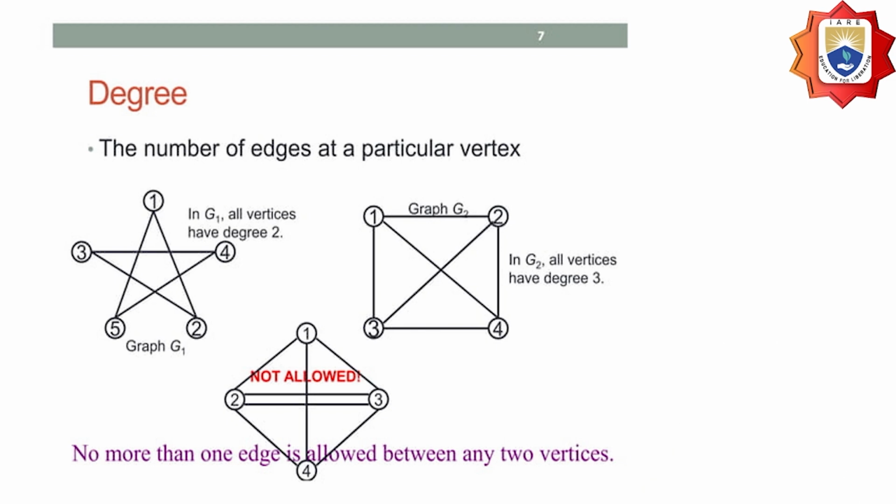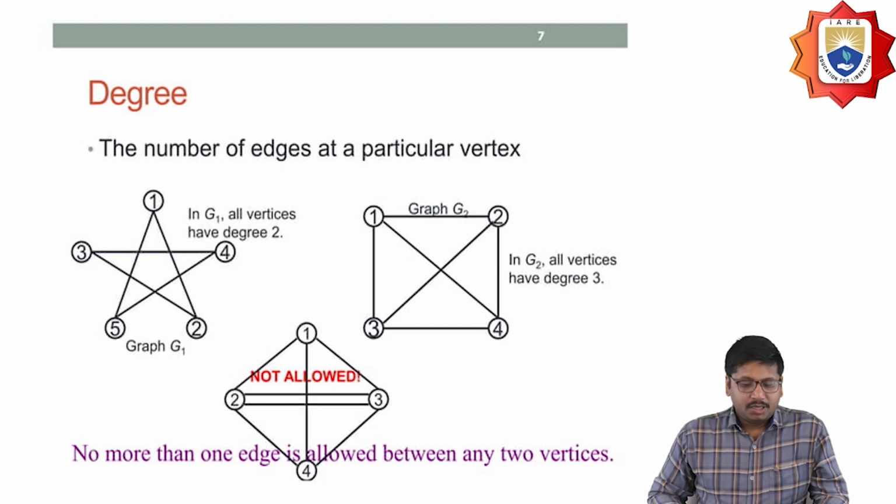So the degree is the number of edges that are connected to a particular vertex. And here in this case, we are going to have three graphs.